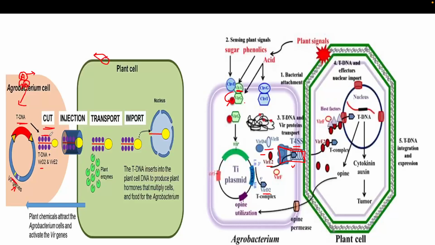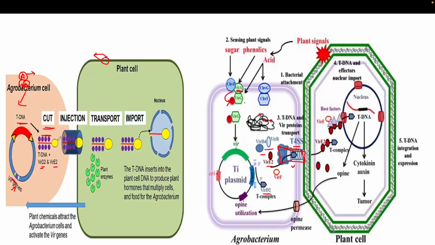After making single stranded DNA, it is very prone to nuclease activity. So that's why this virulence gene D2 and virulence gene E2 will bind to this single stranded T-DNA. This virulence gene E2 also acts as a single strand binding protein.